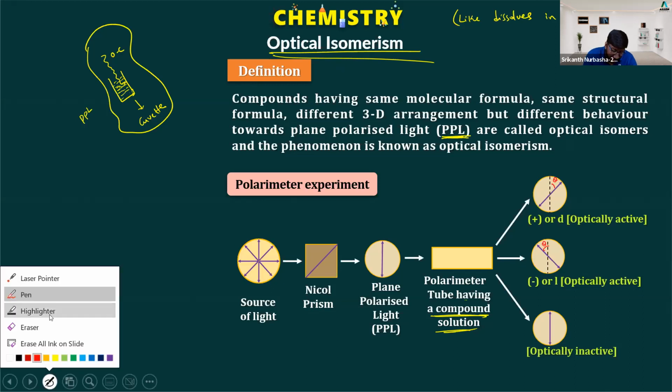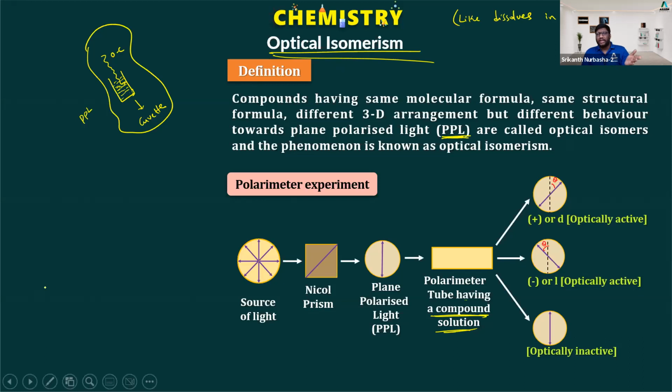We are going to write down what d and l are in the upcoming slides, but you can understand that if the plane polarized light is rotated by an angle theta either in the clockwise or anti-clockwise direction after passing through the organic compound, then that compound is said to be optically active.